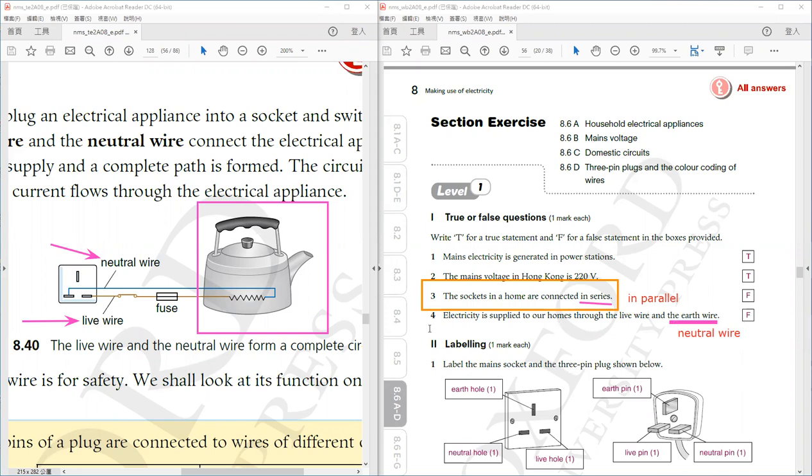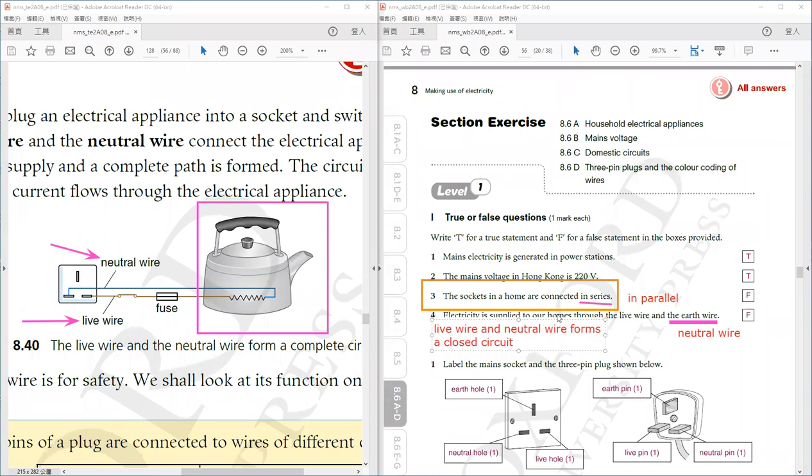Live wire and neutral wire form a complete circuit.